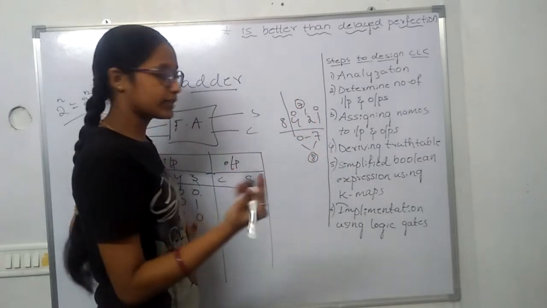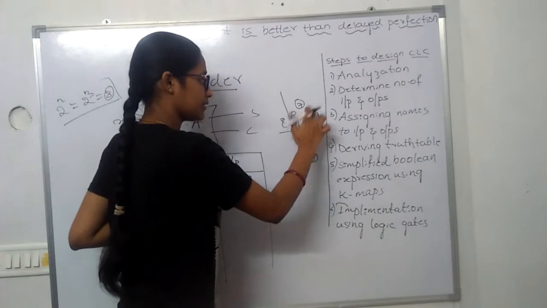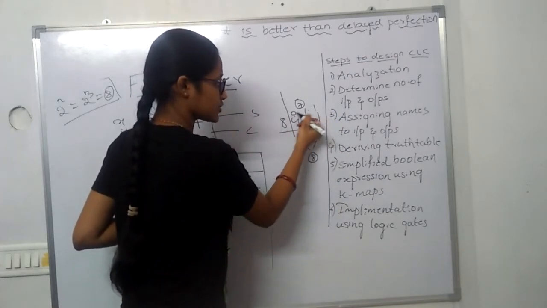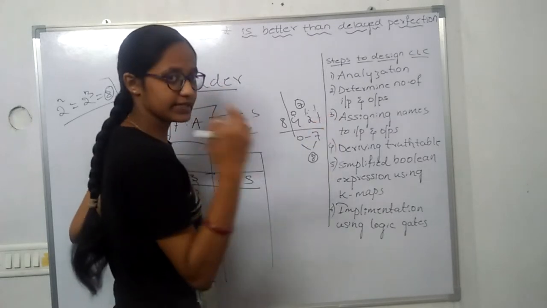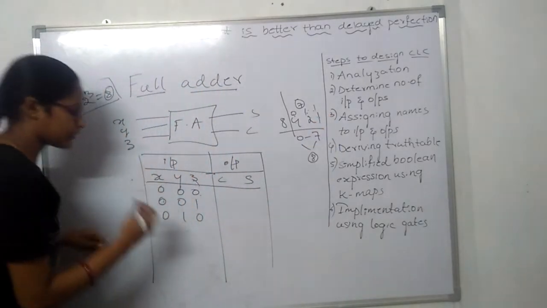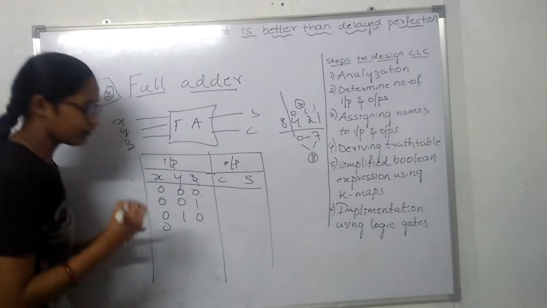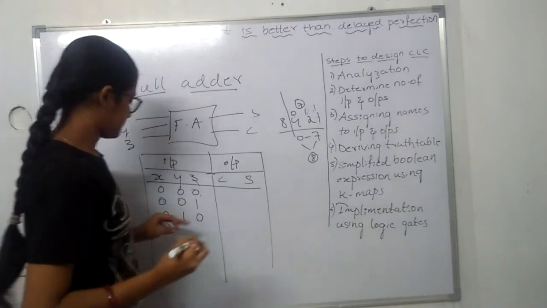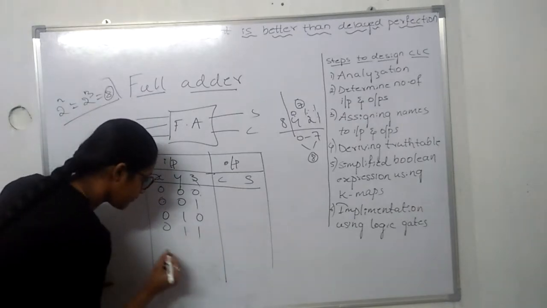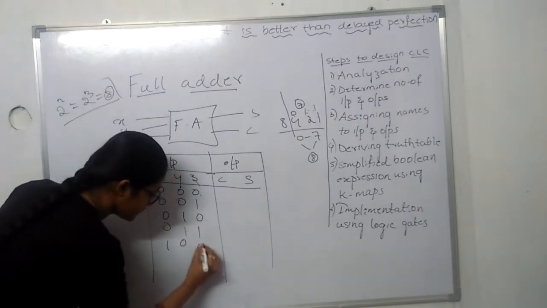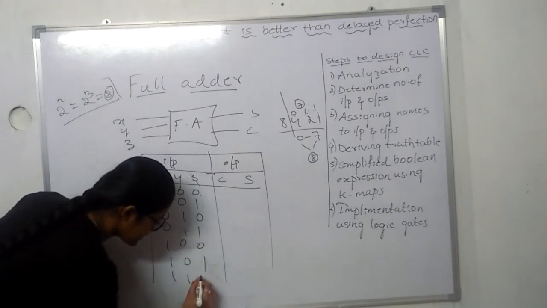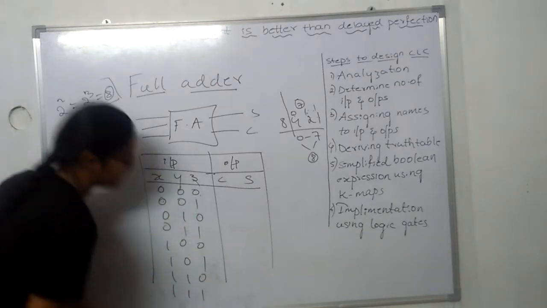If you would like to get 3, just make the last bit 1 also, so we get 2 plus 1, 3. So 0, 1, 1 represents 3 in 3 bits. In 4 bits, 3 would be 0, 0, 1, 1. Then 1, 0, 0; 1, 0, 1; 1, 1, 0 and 1, 1, 1.